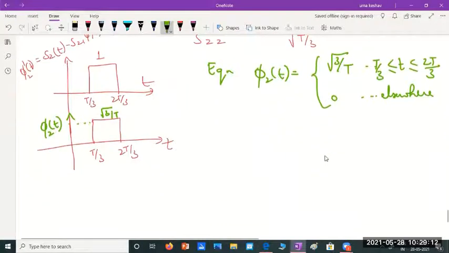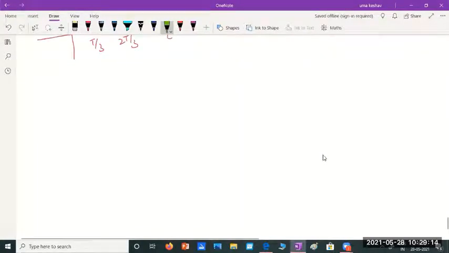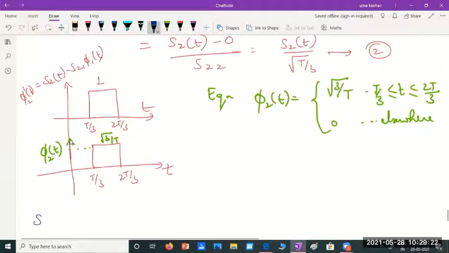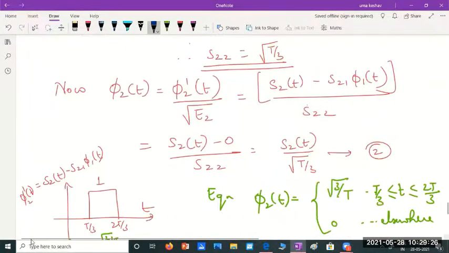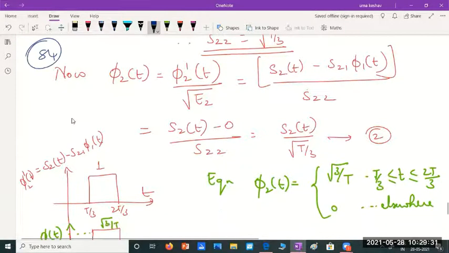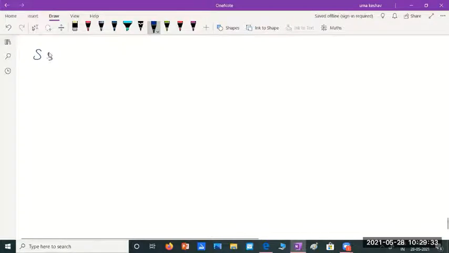But I told you, if you draw the waveform, writing the equation is not compulsory. So now we are done with 2 signals. But remember, here we have 3 signals and 3 orthonormal basis functions. This is step 4. I should go to step 5. In step 5, we have to find what?